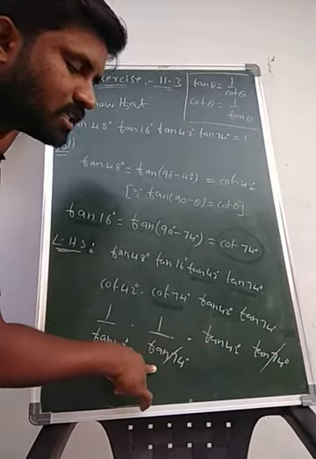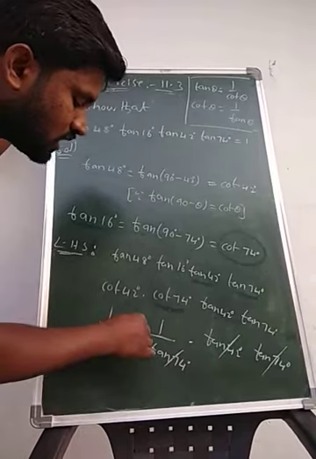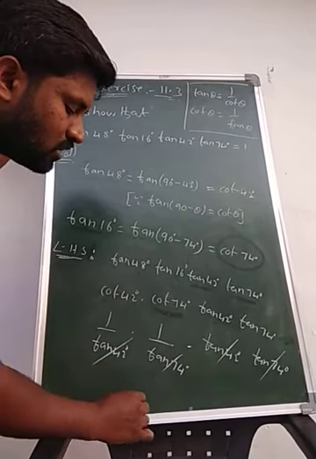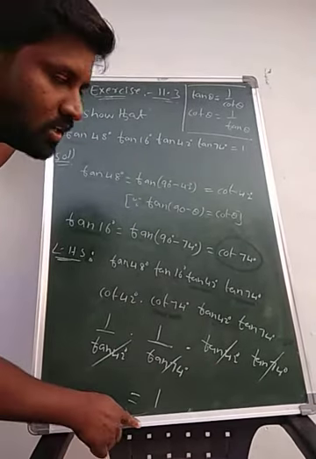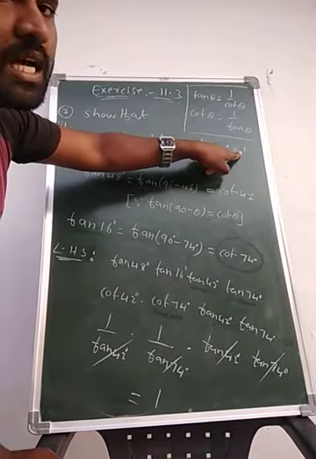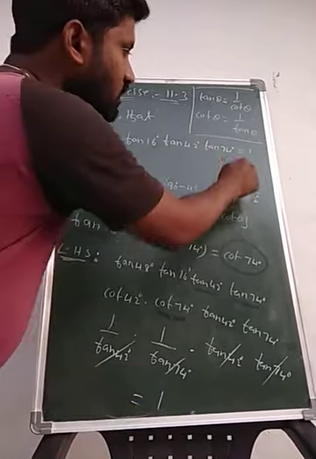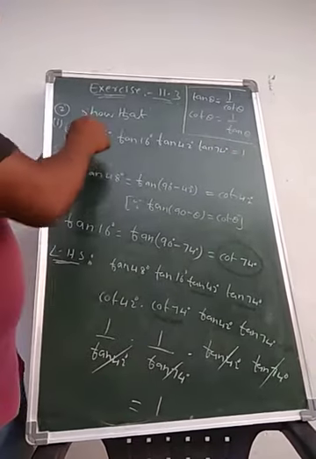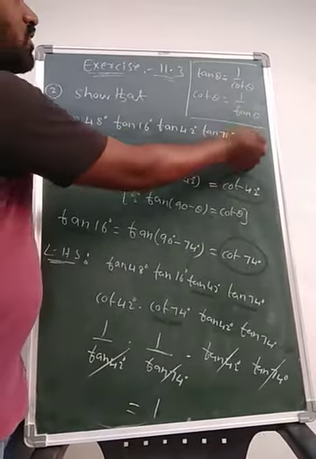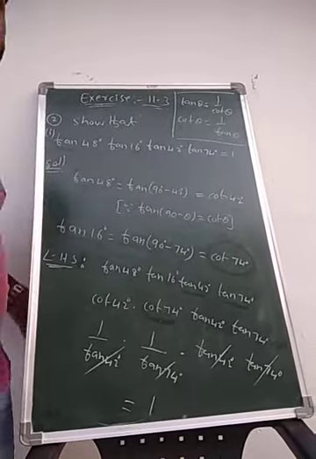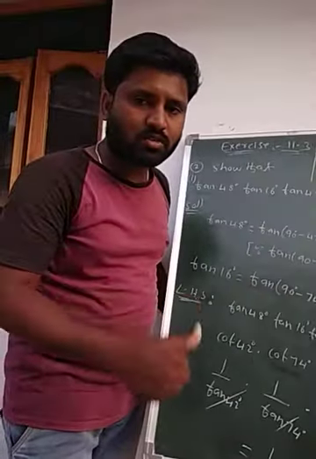Tan 74 degrees cancels, tan 42 degrees cancels. So the required answer is 1. The RHS part is 1, and the LHS we get is 1. So LHS is equals to RHS. Our question was to show that LHS equals RHS. Okay students, so this is the required answer for the question. Thank you.